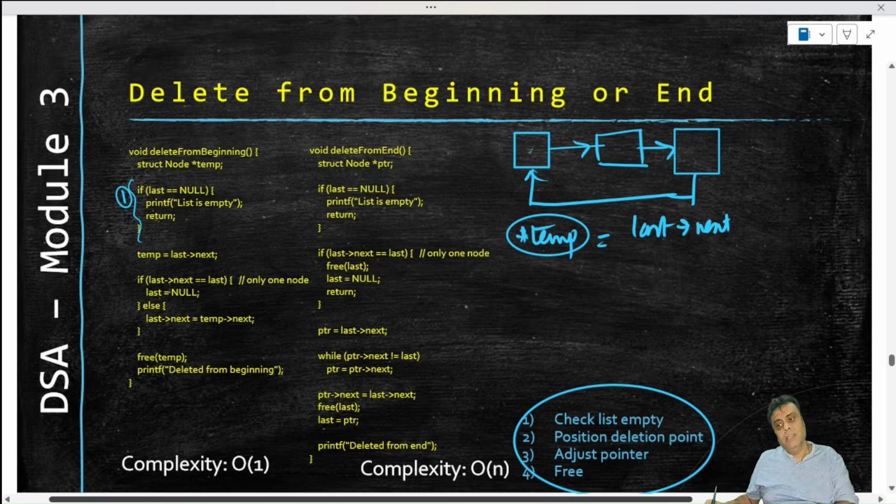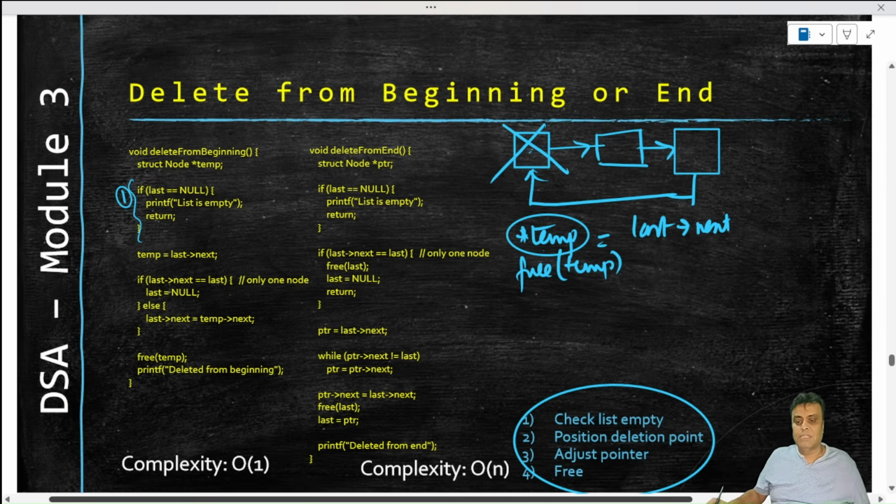So we have stored head, but we have stored it in a different way, so that we can later delete this head by calling what? Free temp. This is why we are storing it as temp equal to last next. That's the only utility. Now all we need to do is, this link needs to come here, right? And this link needs to go away, right? So these are the two things that need to happen.